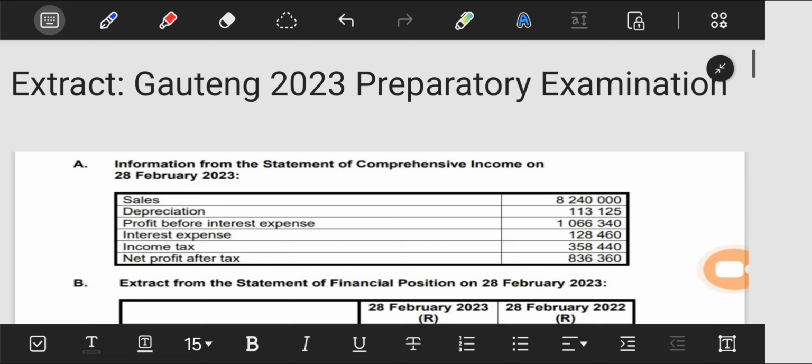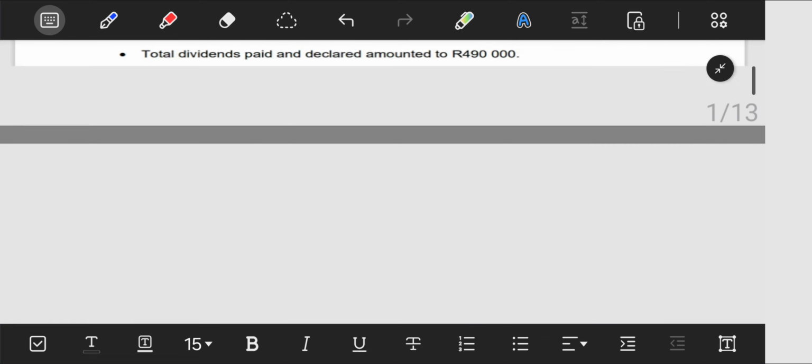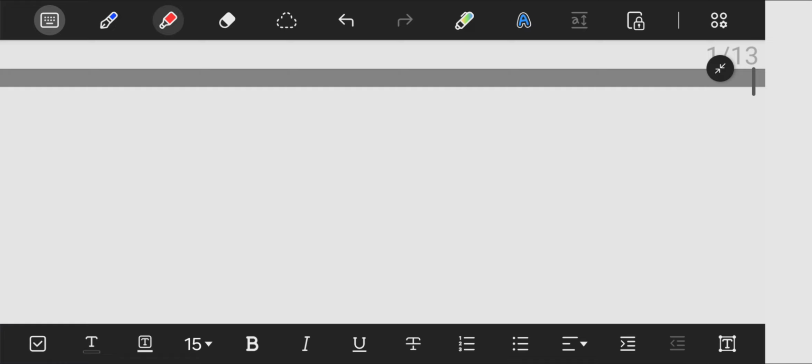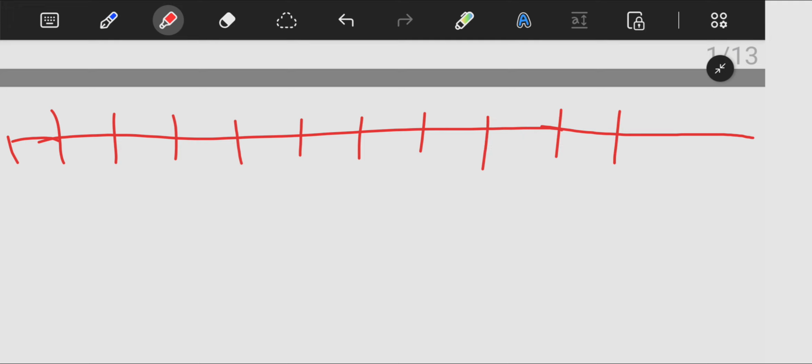Which year are we reporting on? 28 February 2023. Right. First thing first, 1, 2, 3, 4, 5, 6, 7, 8, 9, 10, 11, 12.